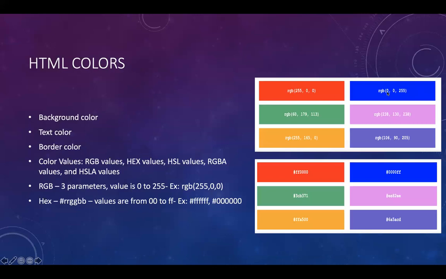If you want to get blue, then red and green are 0 and the blue value is 255, right? We will get it like this. Here you can see the examples. I have used different codes here and I got different colors. Like this, coming to hexadecimal values. You know hexadecimal values, from mathematics?